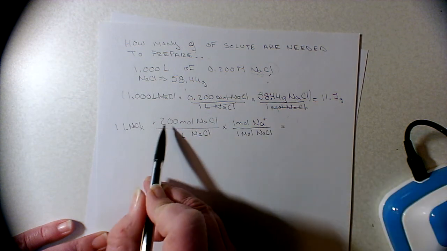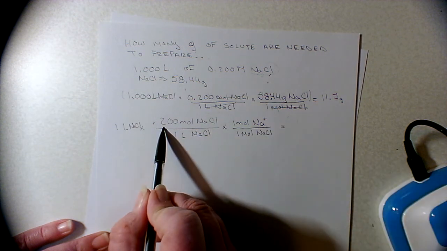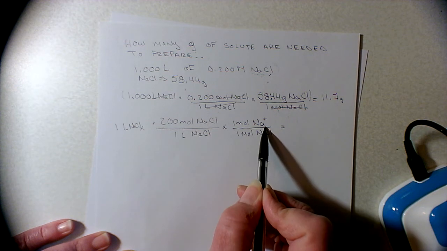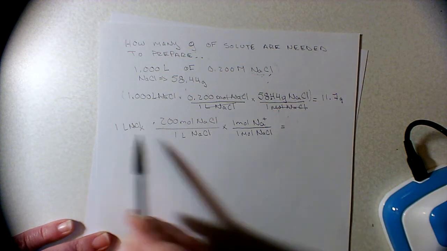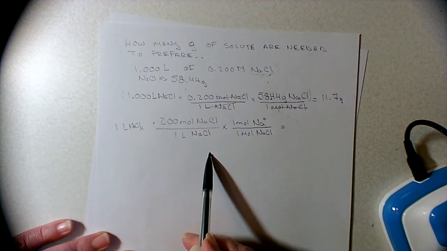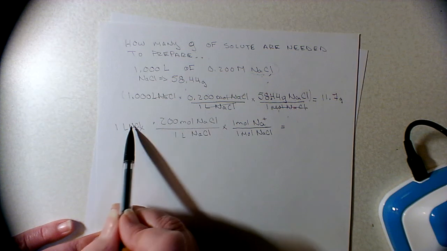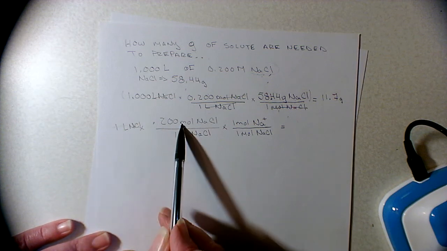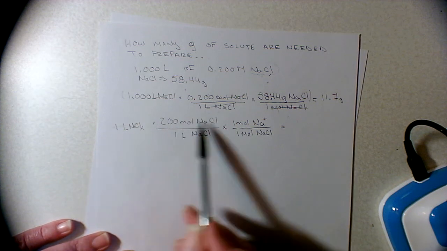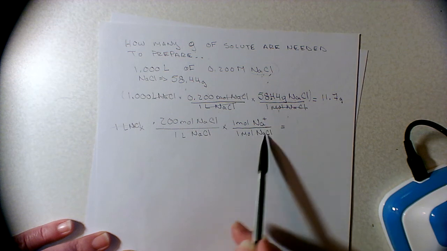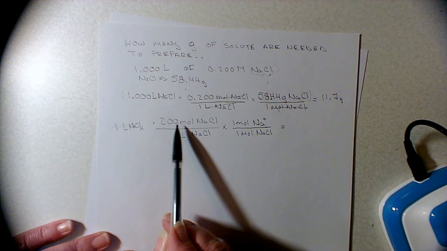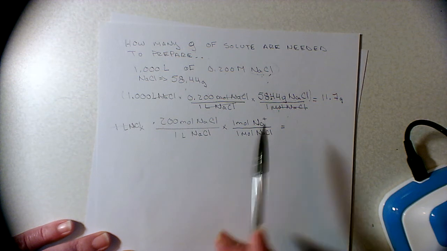So that means I have 0.2 moles of Na+. If I wanted to leave this in terms of molarity, I would just ignore that 1 liter. If I start at this step, I've converted moles of NaCl to moles of the ion I'm interested in. That tells me I have 0.2 molar sodium ions.